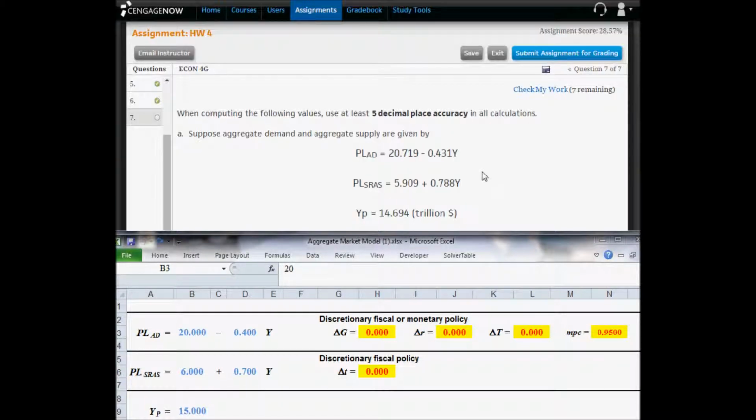To analyze the market model in problem 7, all you really have to do is take the values of the intercept and slopes of aggregate demand and aggregate supply and paste them into the intercept and slope of aggregate demand and the intercept and slope of aggregate supply, and then replace potential output in the Excel simulation with the value from Cengage Now.